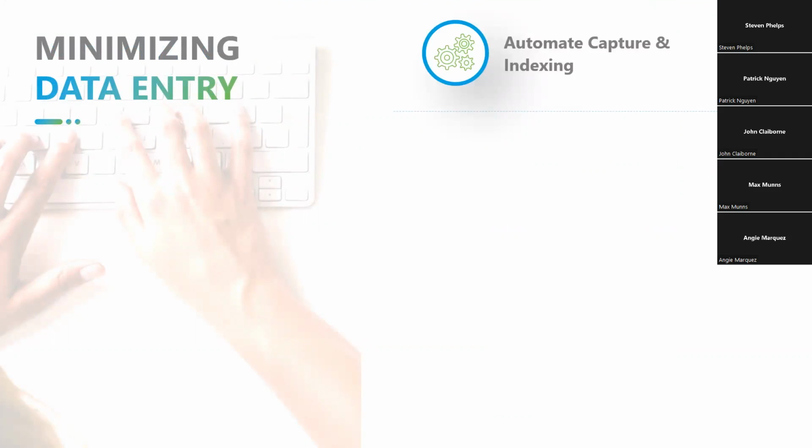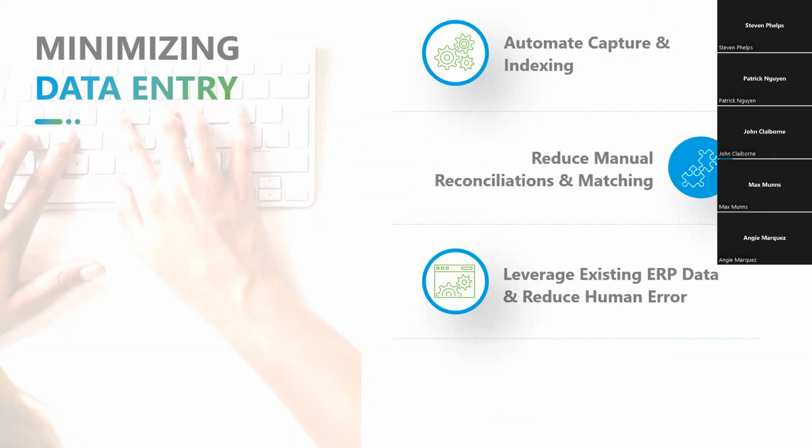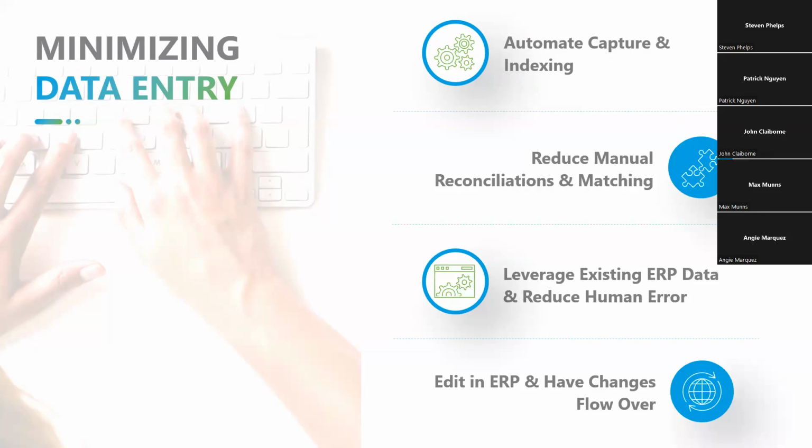One of the key things with AP automation is minimizing data entry. Regardless of how a document comes into your business, you can safely bring that into DocLink, capture the document, automatically index it with OCR, as John showed you, with our Smart Capture AI intelligent OCR running through the system, eliminating any need for you to manually match or reconcile.